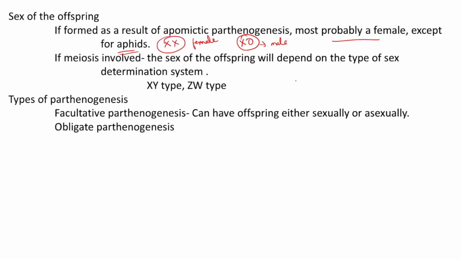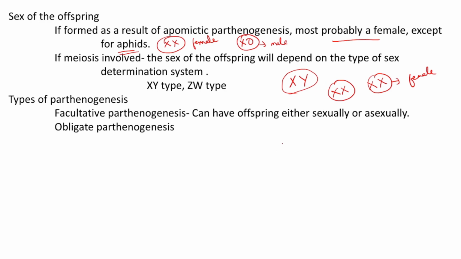If the XY type of sex determination system is present in that species, we know that in parthenogenesis the whole set of chromosomes comes from the mother's side. There is no chance of having a Y chromosome there, because in parthenogenesis there is no role of sperm. So the formed offspring will all be XX and can be female only, if that species is following the XY type of sex determination system.